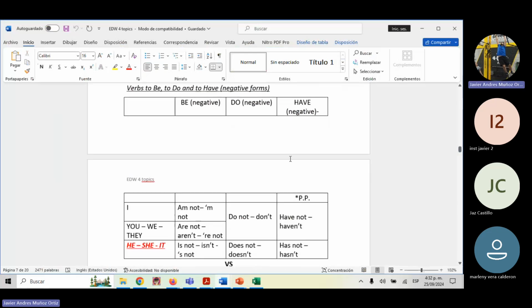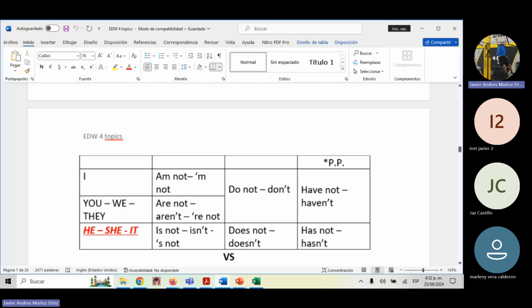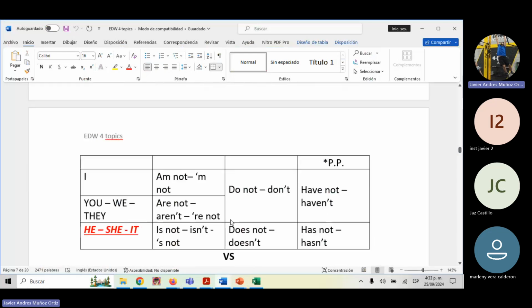The negative form, if you remember how to create the negative form for each verb, we only added the word not after the verb. After the verb to be, after the verb to do, and after the verb to have. Once again, have not or haven't, or the conjugation has not and hasn't, is for perfect tenses.